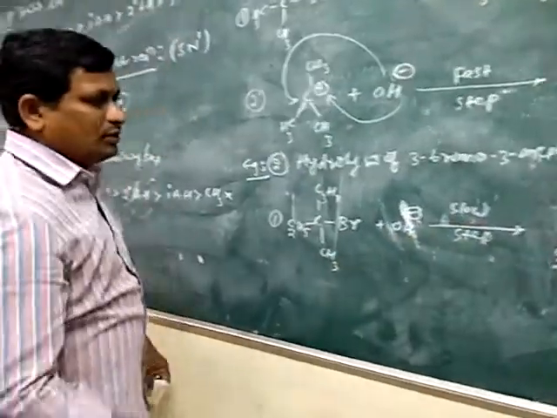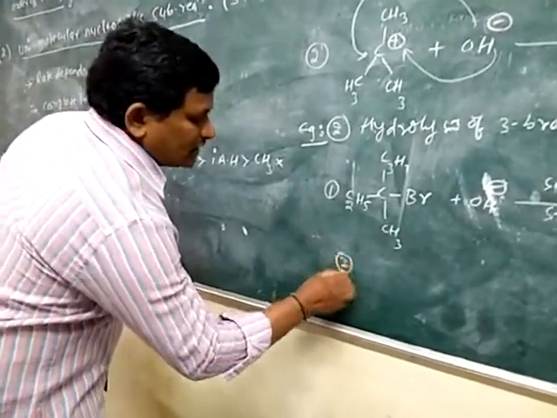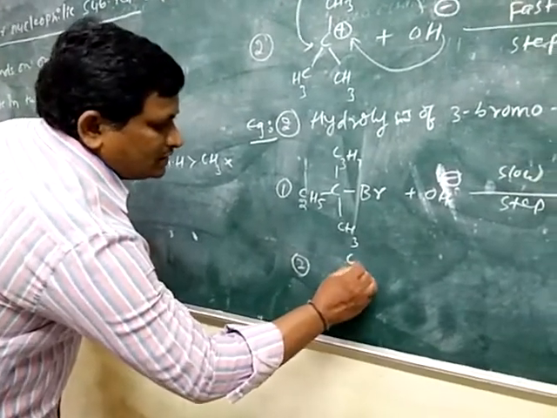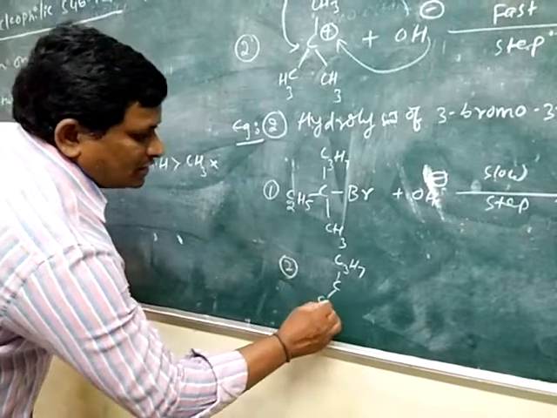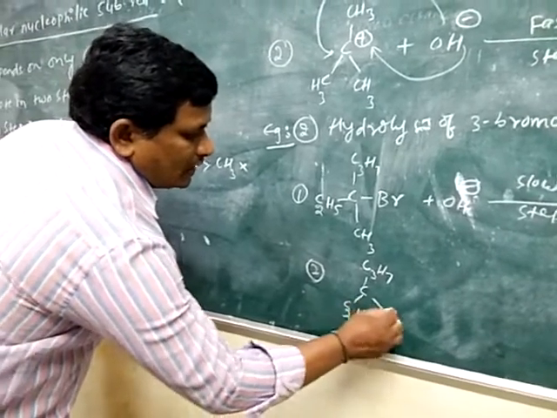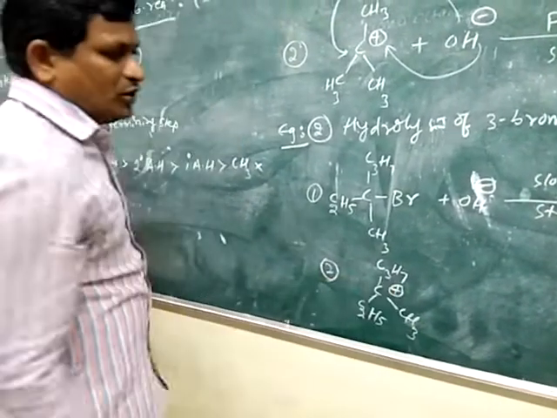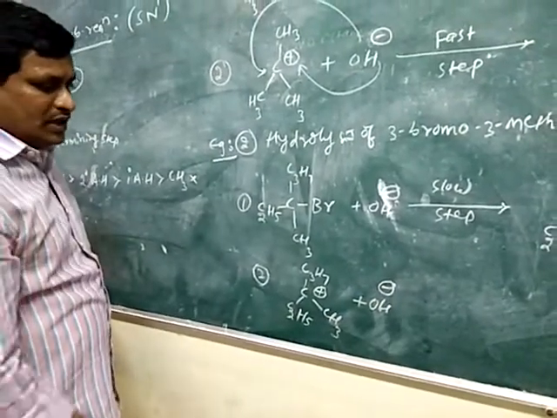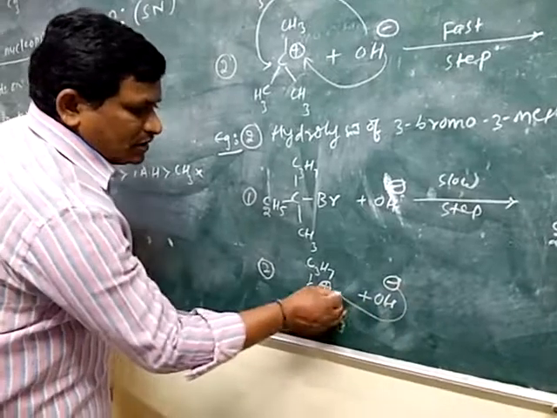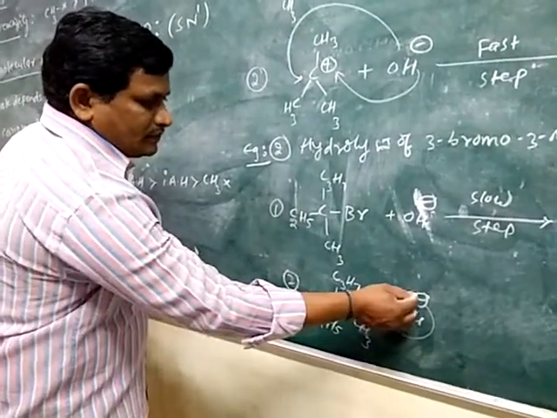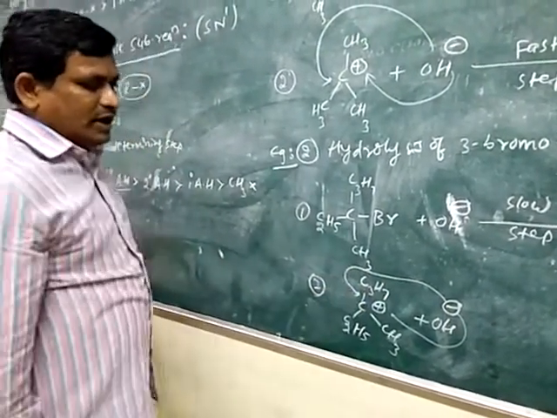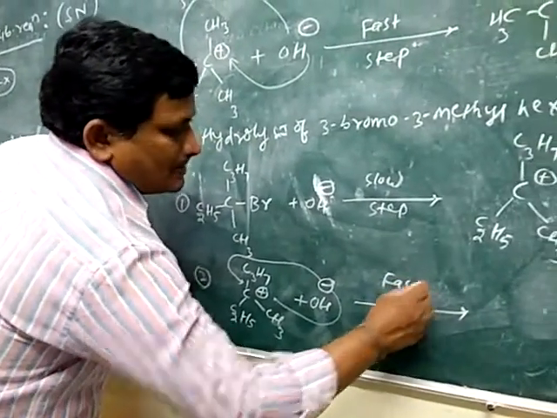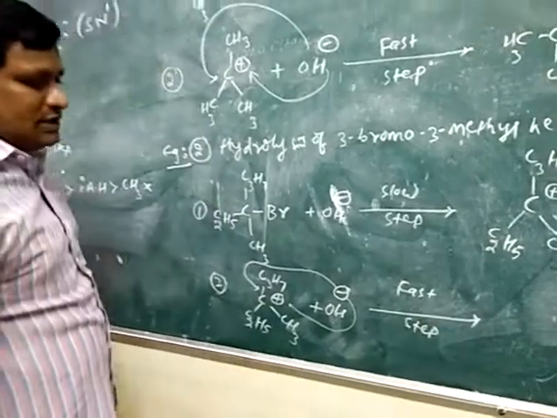The obtained carbocation is involved in the second step with the nucleophile. It reacts with the nucleophile OH minus. The negative charge attacks the positive charge, and the OH group attacks from the backside. This step is a fast step.